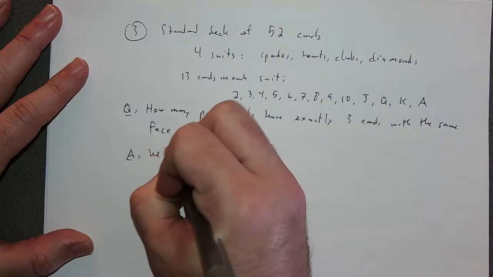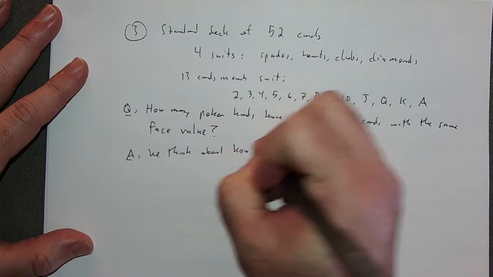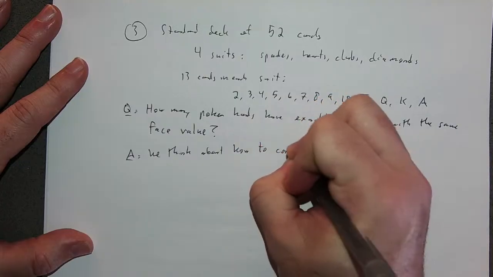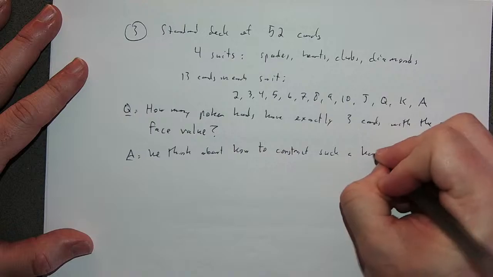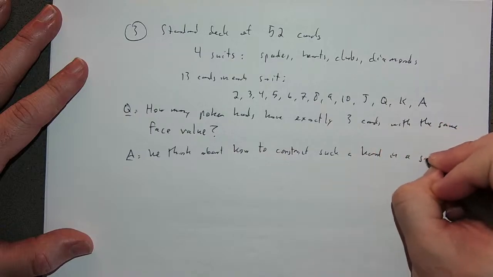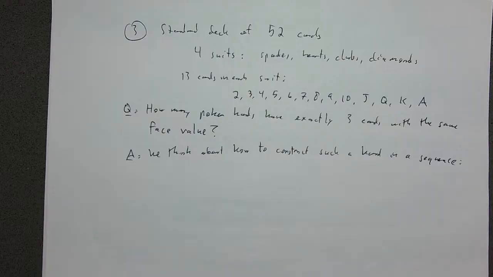We think about how to construct such a hand in a sequence. So we break this down and then count the number of choices at each of these simple steps in the sequence. And hopefully that provides us with a full enumeration of the possibilities here.